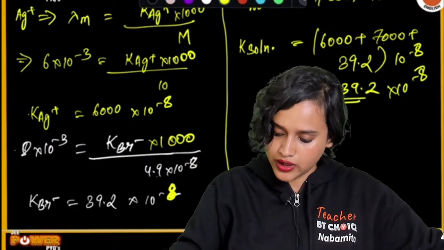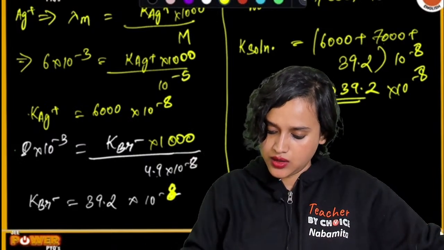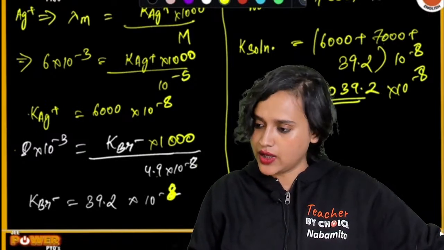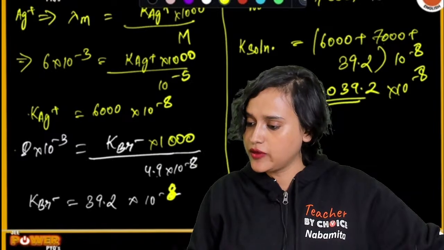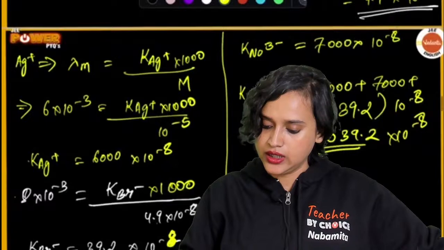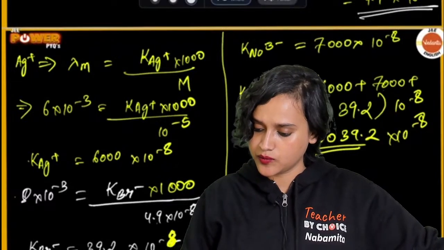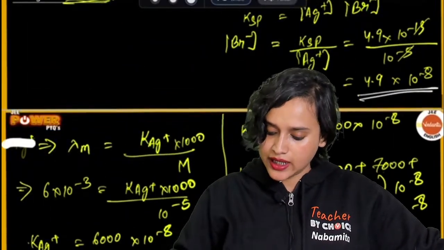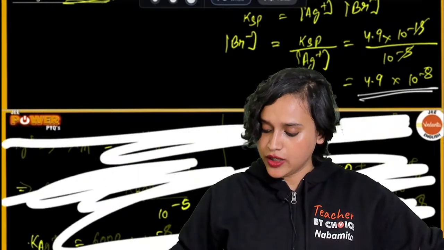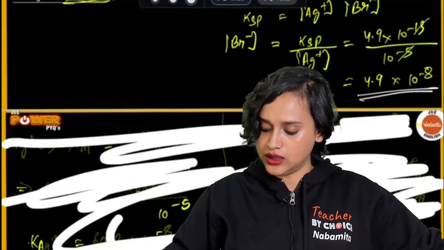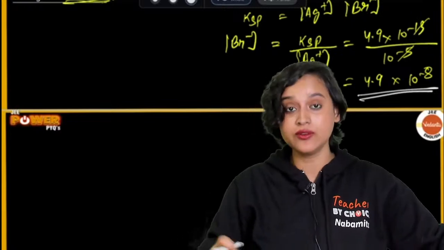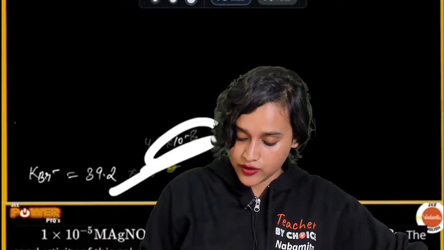This will go here. 10 to the power minus 5, this. And 6 divided by this. Wait a second guys, let's do this again here. There is a lot of calculation error. But you guys get the point how to do this. See, this is the problem when you are weak in mathematics and you have to study chemistry.